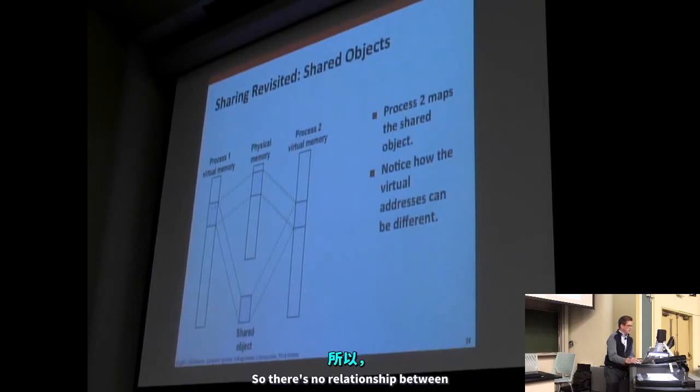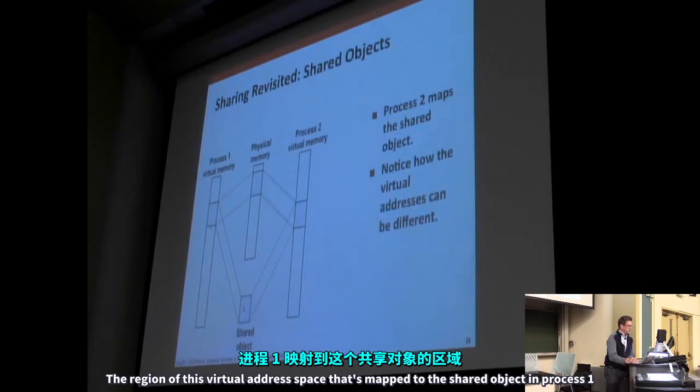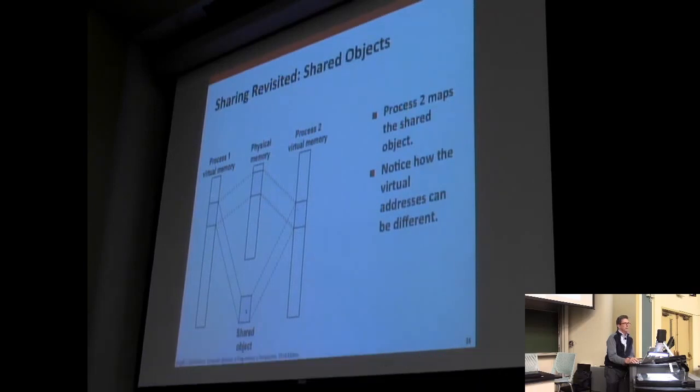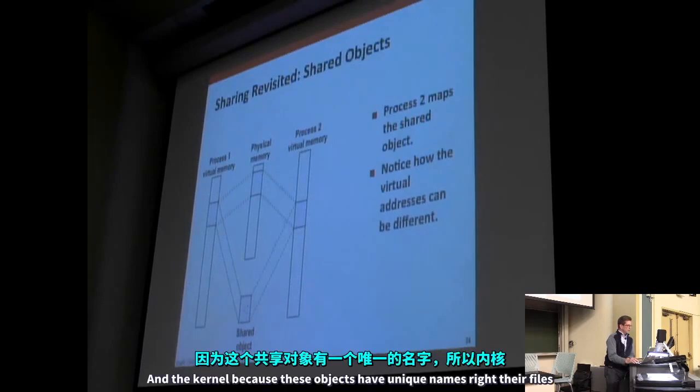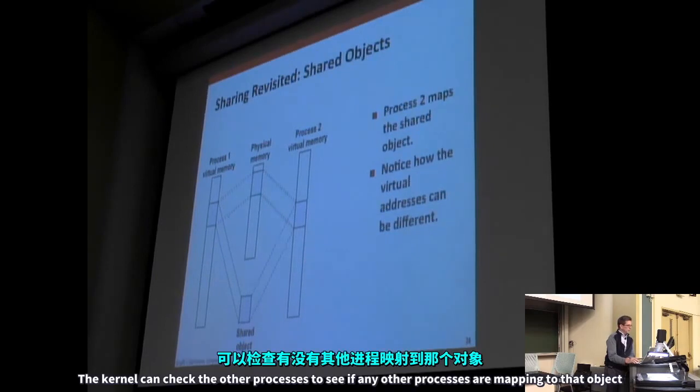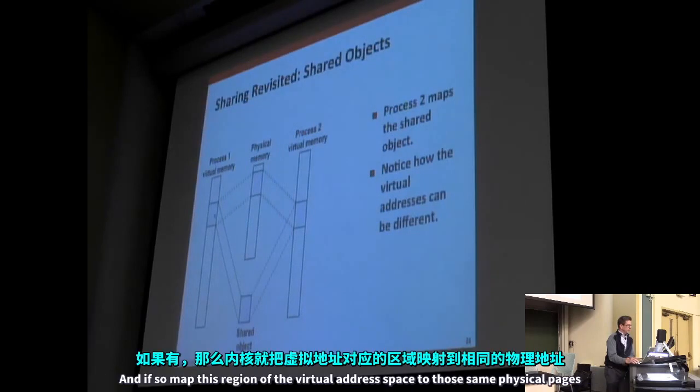So there's no relationship between the region of the virtual address space in process 1 that's mapped to the shared object and the region of the virtual address space in process 2 that's mapped to the same object. Because these objects have unique names, they're files, the kernel can check whether any other processes are mapping to that object, and if so, map this region of the virtual address space to those same physical pages.